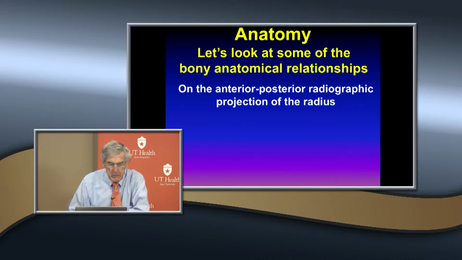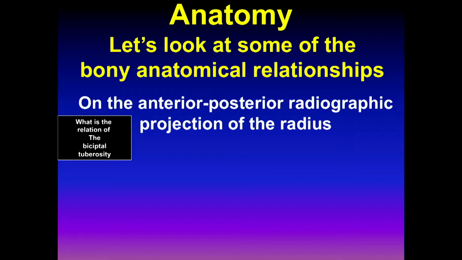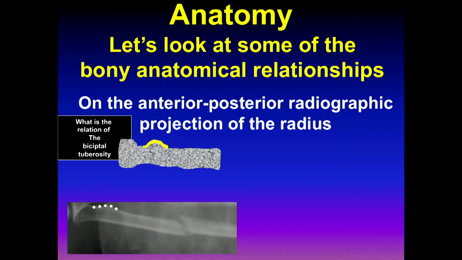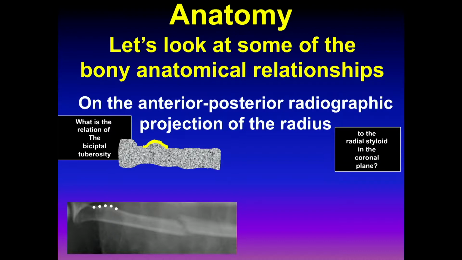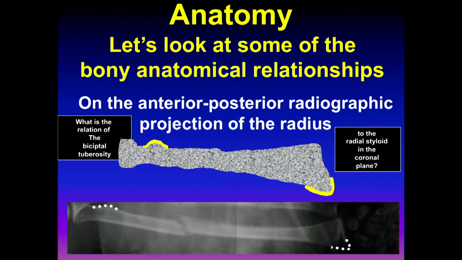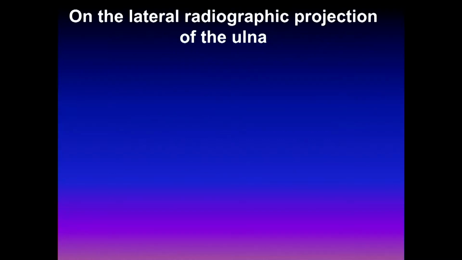So let's look at some of the bony anatomic relationships. On the anterior-posterior radiograph, what is the relationship of the bicipital tuberosity to the radial styloid? It should be 180 degrees. They should both be in full profile. So there should be 180 degrees of rotation. That's a good way to tell your rotation.